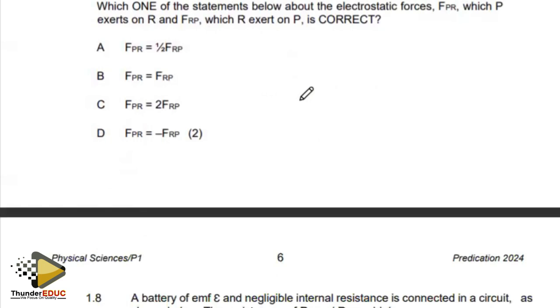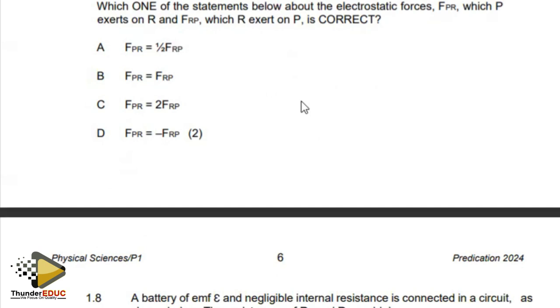Then 1.7, particles P and Q, as well as R, have charge of 2Q, separated by a small distance R. Which of the following statements about electrostatic forces, FPR, which P exerts on R, and FRP, which R exerts on P, is correct?